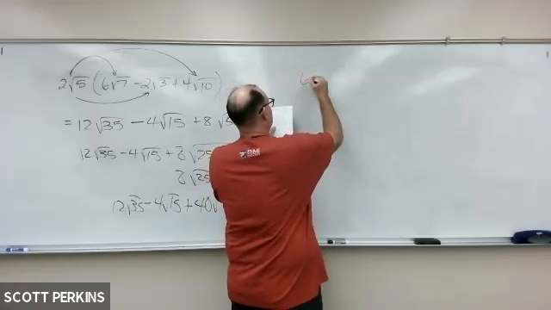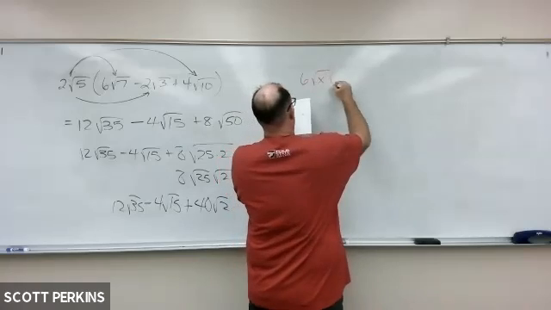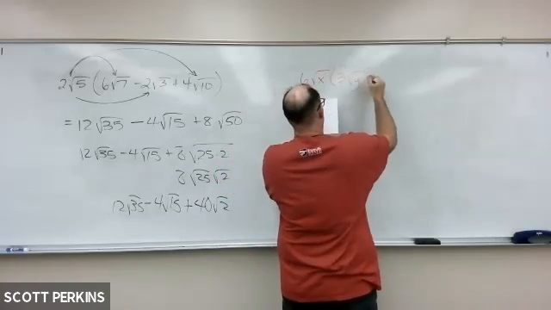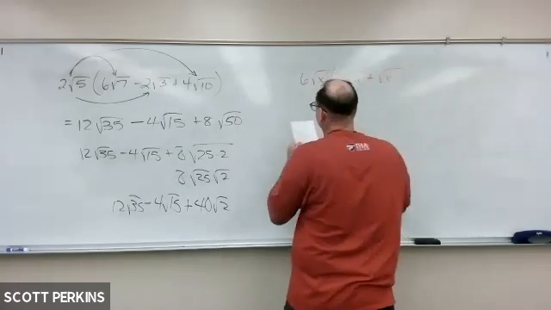So here's the last one of these, 6 square root of x times 3 square root of y plus square root of x.